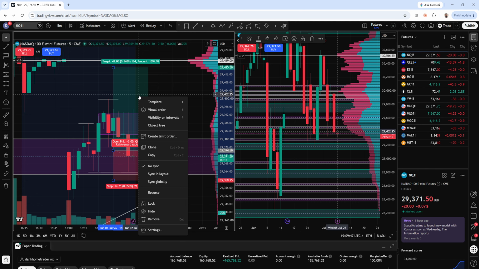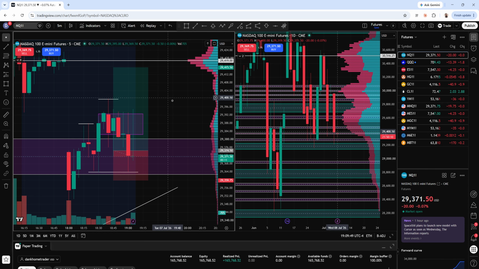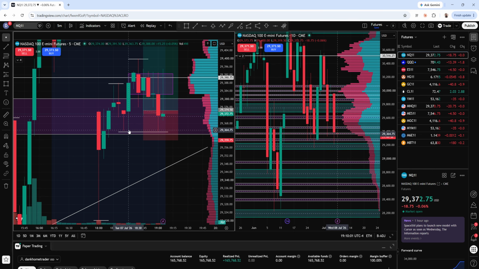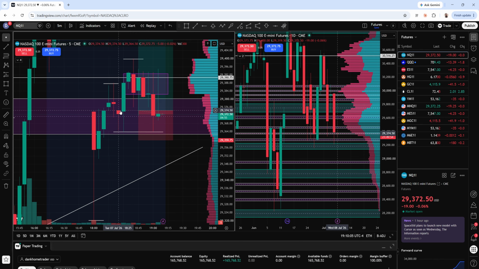Let me lock that. If price had traded up here and then didn't get support, I wouldn't take one up here unless I saw this kind of structure where price traded up, pulled back, traded up, and that's what this pullback entry was that I was looking for.